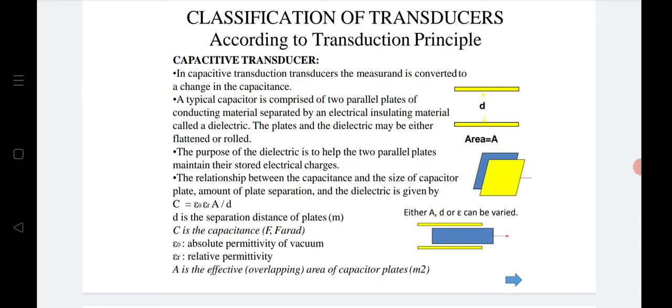Let us see the relationship between the capacitance and the size of a capacitor plate, the amount of plate separation and the dielectric.